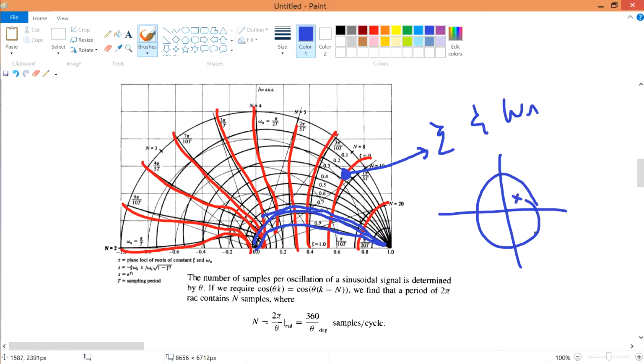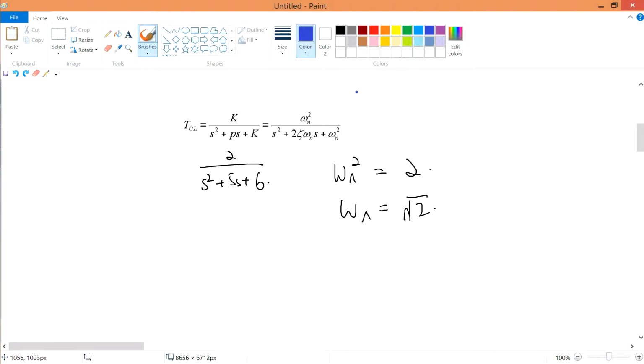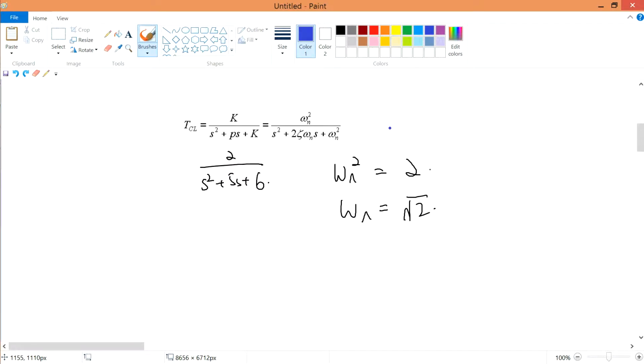This is the point, and this is your pole. This is one method of solving if you have a certain function over here. So when you are given this and they ask you to plot inside this, don't be scared. It's just this method of doing.